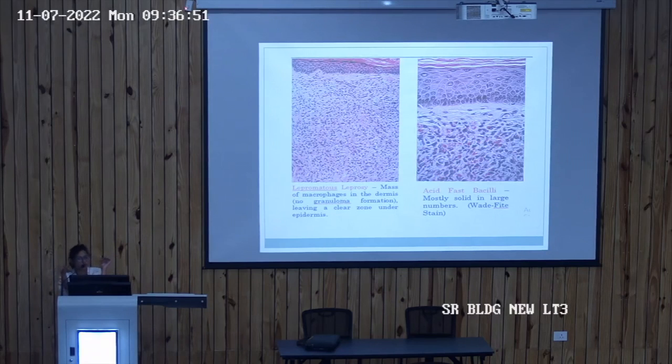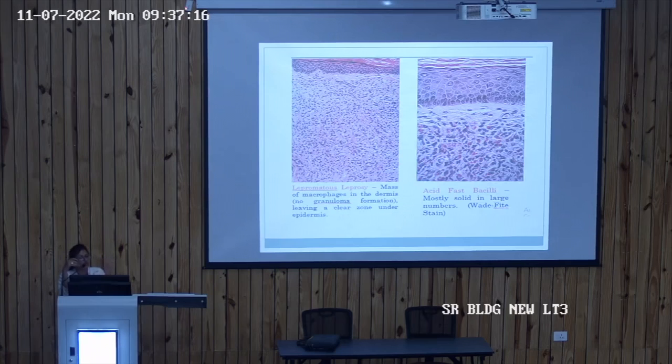bacilli. Okay, so if there is a clinical suspicion, a dermatologist has told we are suspecting leprosy, but we are not sure, so we have to rule out the differential diagnosis. We take a punch biopsy from the lesion. Okay, and we get this picture. By looking at this picture, we get an idea that yes, this can be a case of leprosy.